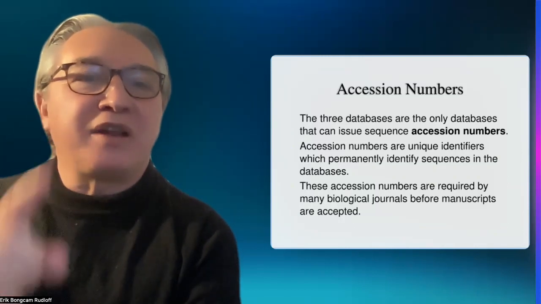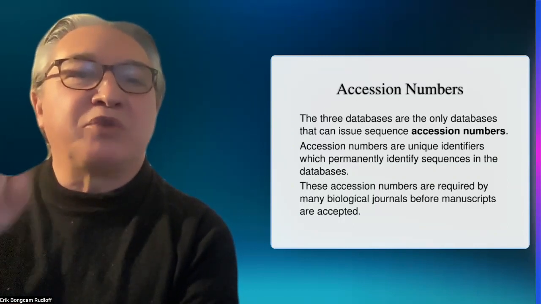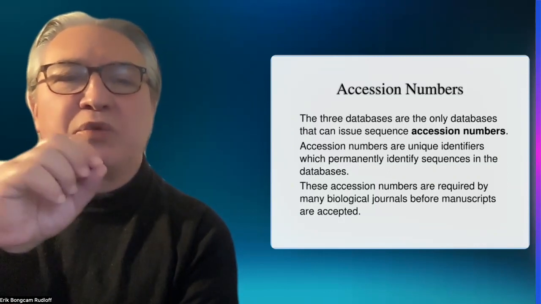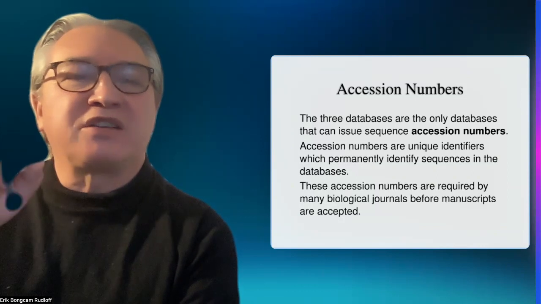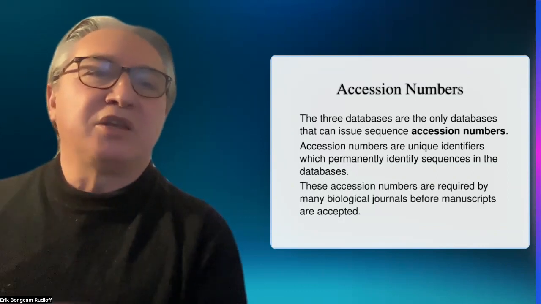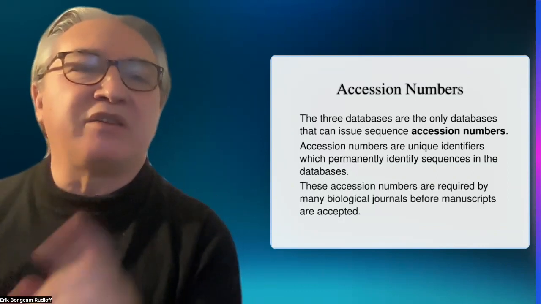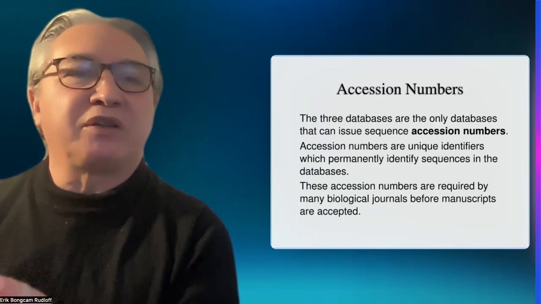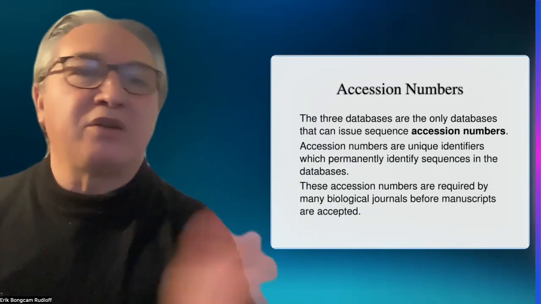But the accession number of that sequence will not change. So it's very important that you make note of the accession number, because then you can go back to the database and retrieve the information. Because if you just write the name of the gene, you may go back and not find anything.